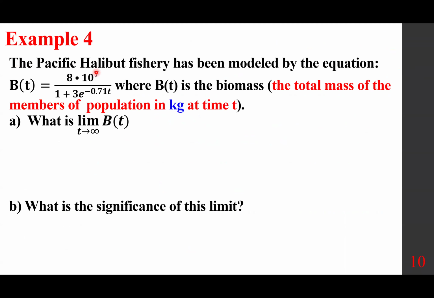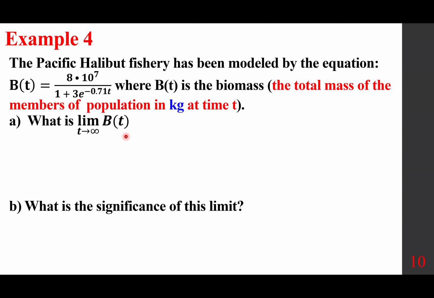Example 4. The Pacific halibut fishery has been modeled by the equation B of t equals 8 times 10 to the power of 7 over 1 plus 3 e to the power of minus 0.71t, where B of t is the biomass, the total mass of the members of the population in kilograms at time t. What is the limit of B of t as t approaches infinity?